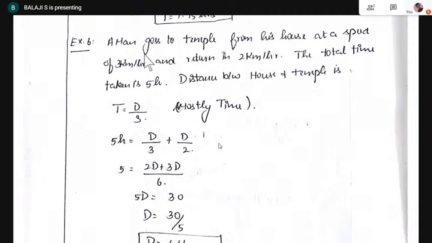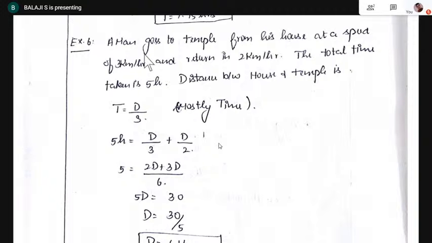Okay, see here. A and B travel the same distance at speeds of 9 km per hour and 10 km per hour respectively. If A takes 36 minutes more than B, find the distance traveled by each. Again, the same type of question, but in a different manner.